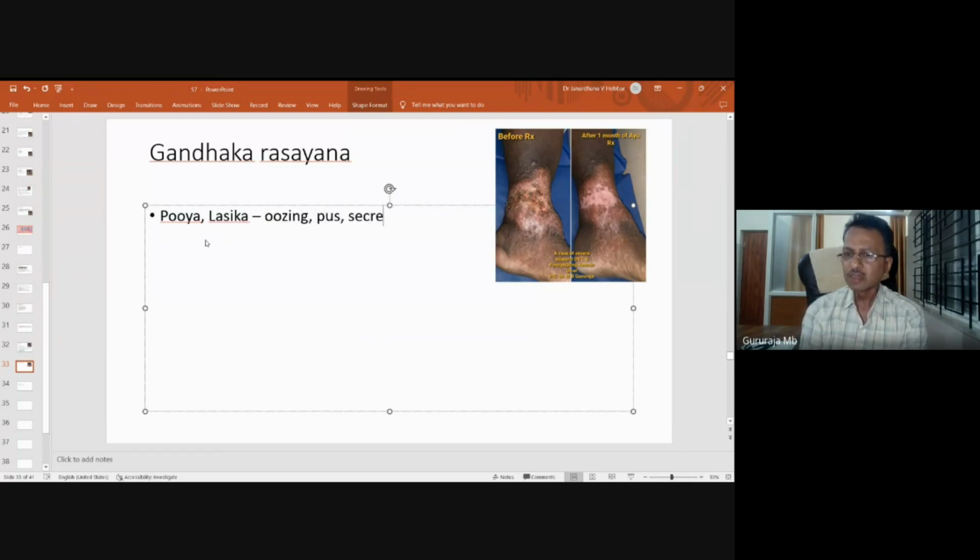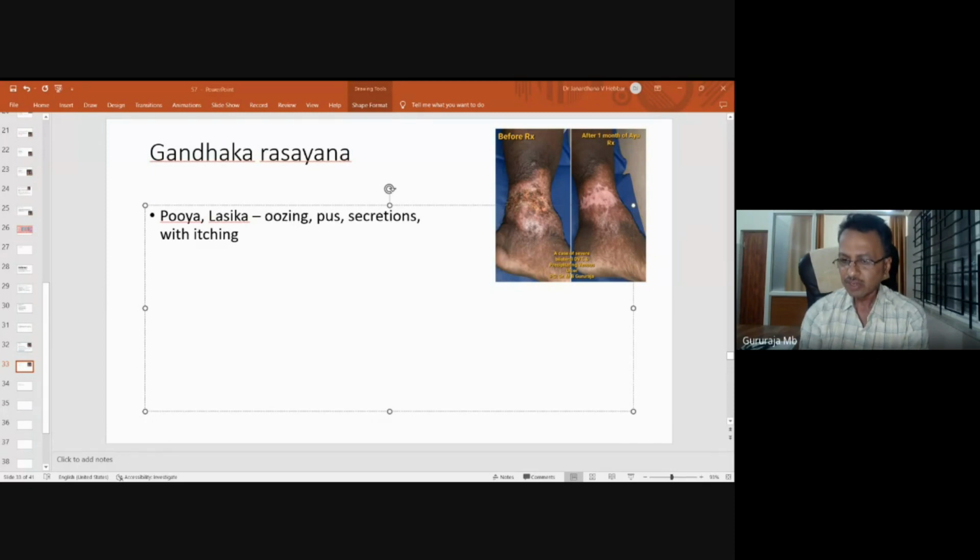That's the reason I use Gandhaka Rasayana. We have developed Gandhaka Rasayana in such a fashion that we have meticulously followed the 72 bhavanas without compromising manufacturing practices, and we came to know that our Gandhaka also has a nanoparticle size.